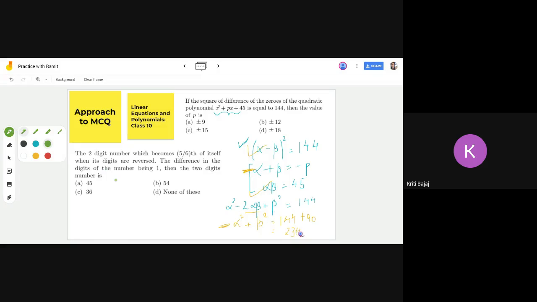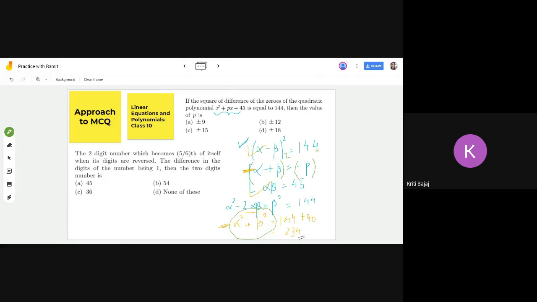Now, is this clear to you so far? We have simply substituted some values which we already knew. We have arrived at alpha square plus beta square like this, and I have alpha plus beta equals minus p. What I'll do is square both the sides. Can I do that? Yes.